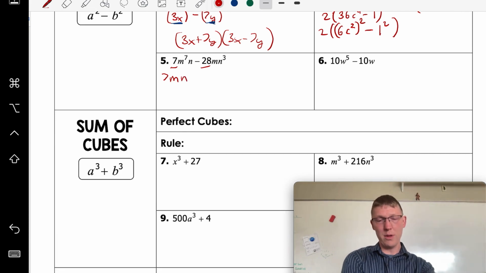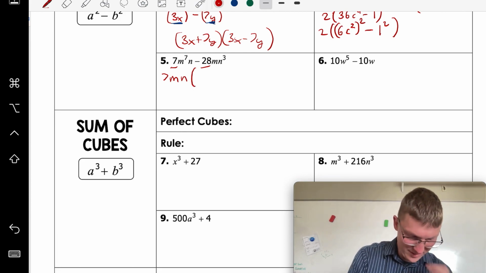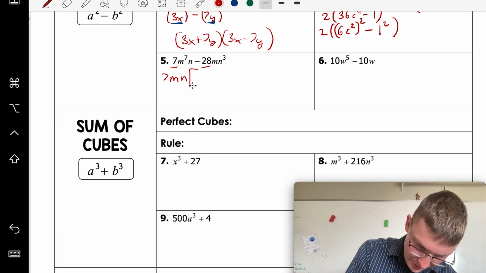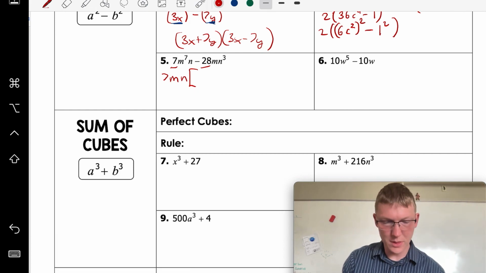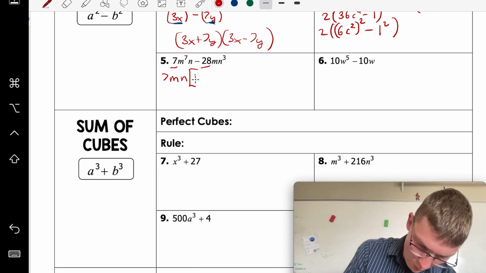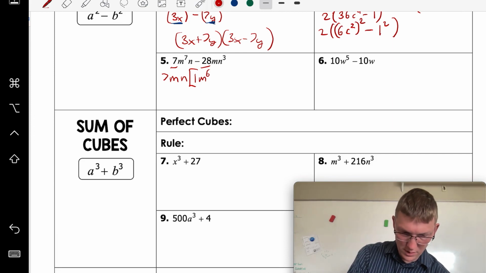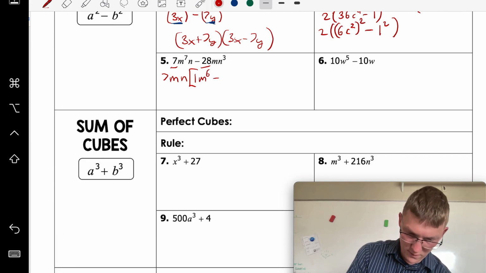So that's all we can pull out. So what do we have left over? Inside the parentheses, in fact, I'm going to make them square brackets just so we can see it better. We're going to have 1m to the 6th minus 4, the m is gone, and one of the n's is gone, n squared.